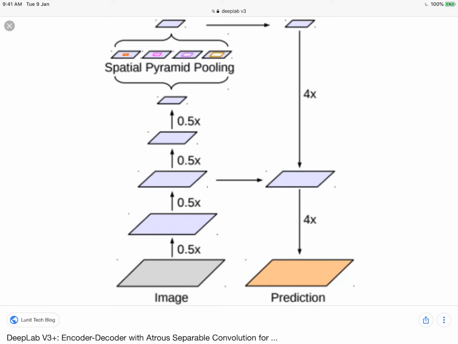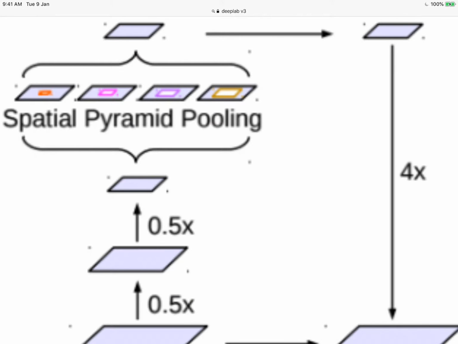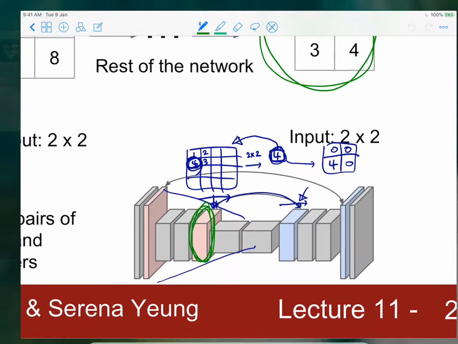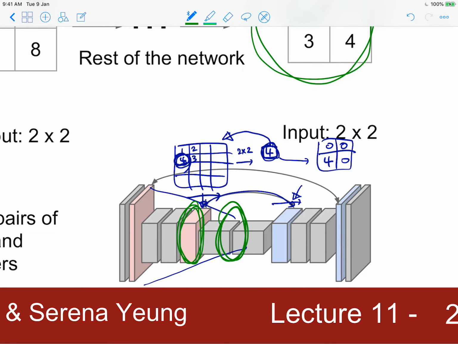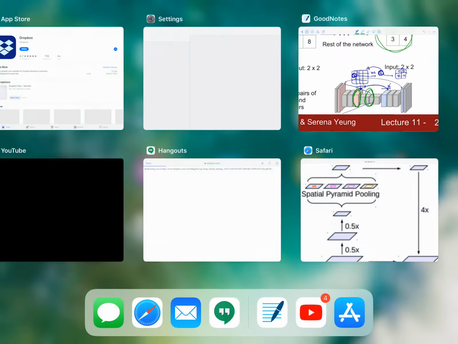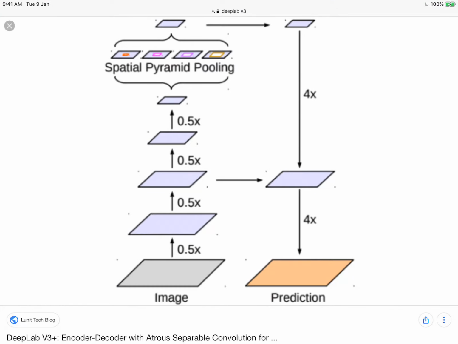The image goes through the convolution layers, and we also do an interesting module called spatial pyramid pooling, or SPP. But anyways, you can just view it as obtaining the encoding activation map as the output of this encoder module. This rectangle on the top left corresponds to the activation at the end of the encoder phase. And now it's time to perform the decoding phase, right? So we are doing the decoding, right?